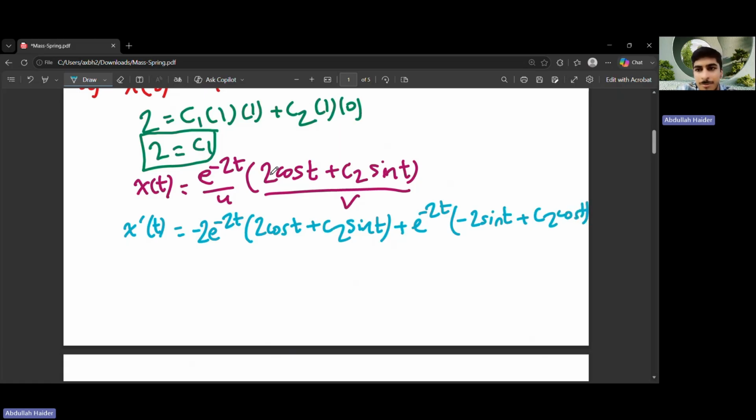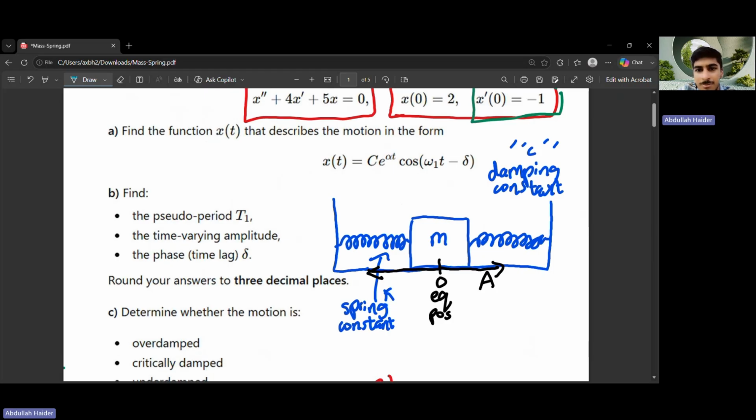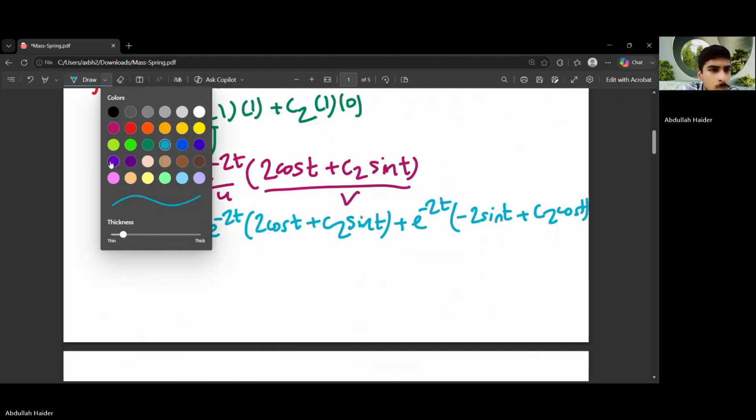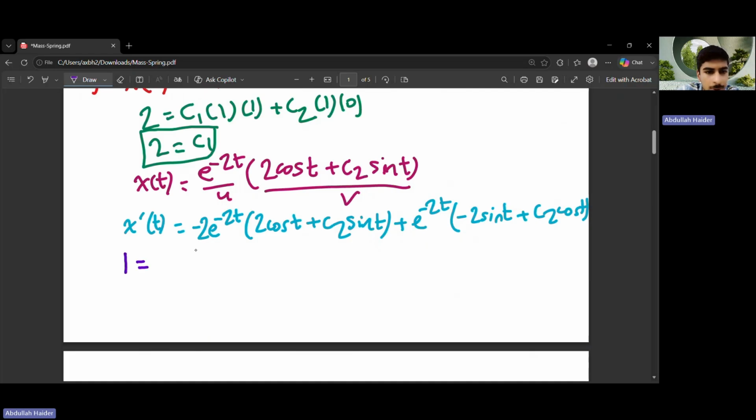Now you can substitute the initial condition, x prime of 0 is equal to 1. Substitute 0 everywhere.